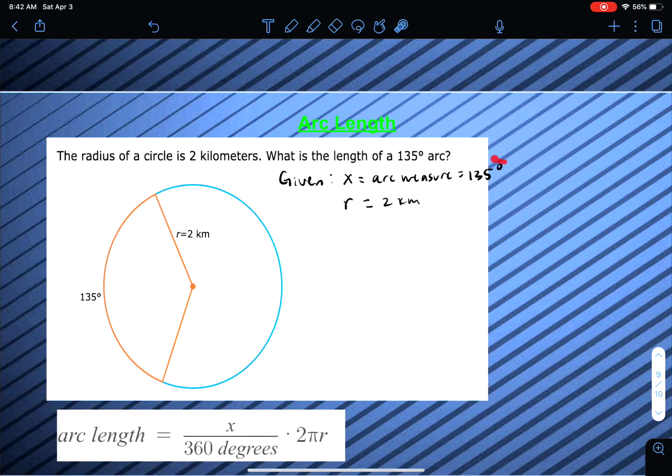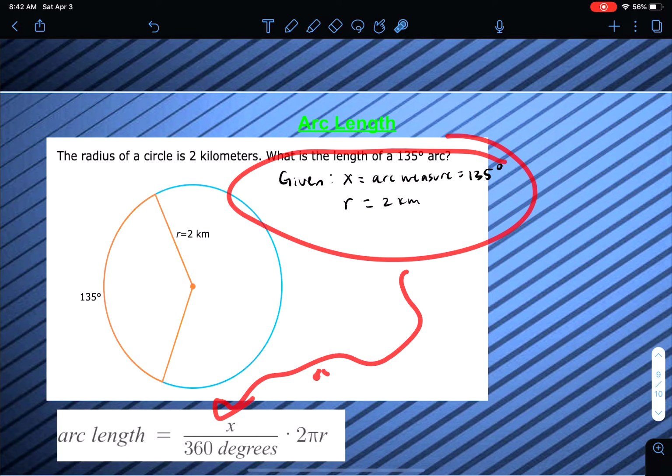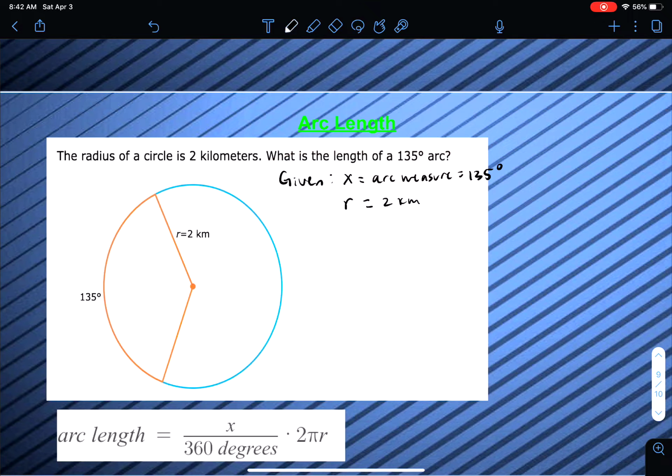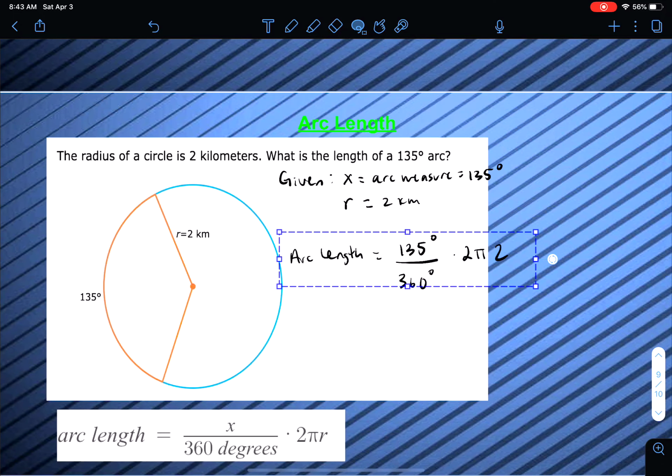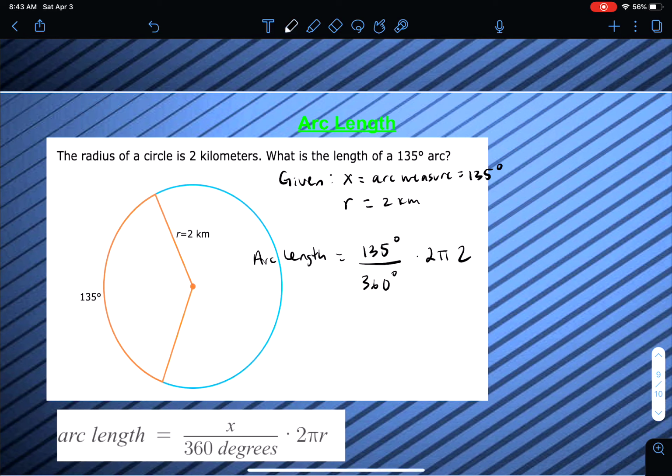Now, since we have our given, we can just plug everything in. So I'm going to write my arc length. Arc length is equal to 135 degrees over 360 degrees times 2 pi 2. Okay, now 135 degrees divided by 360 degrees, that's going to be 0.375 times, so I have 2 times 2, so this is going to be 4.